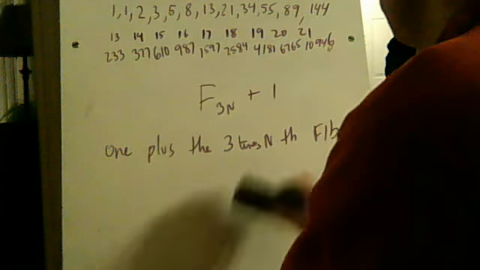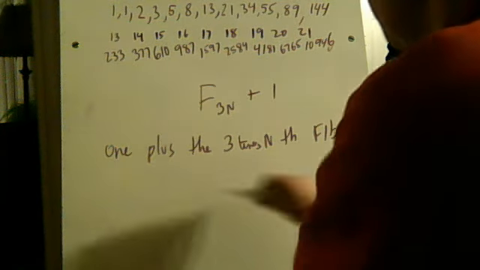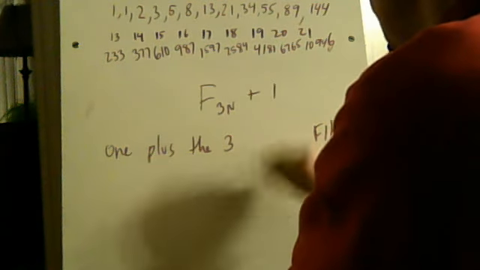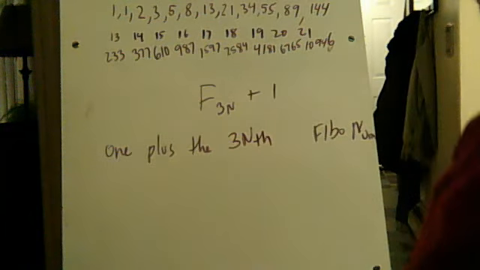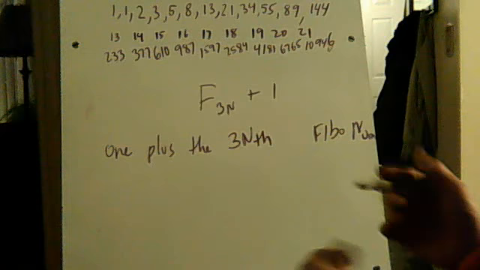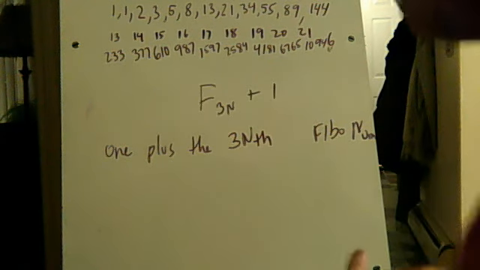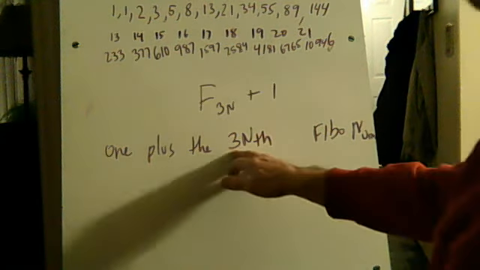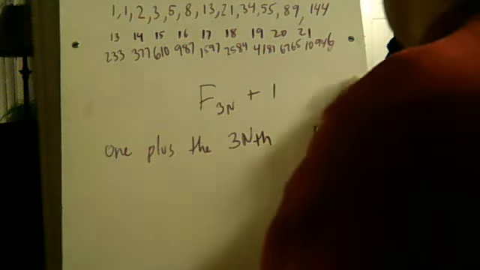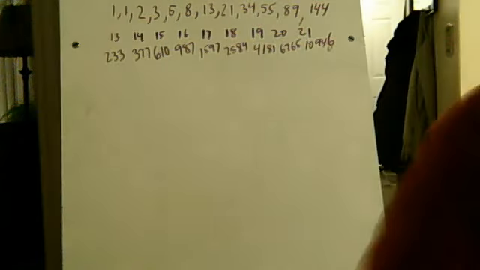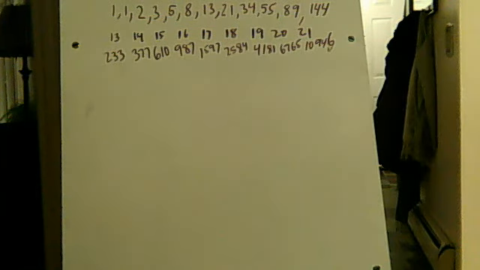Oh no. 1 plus the. I would spell it this way. The 3n Fibonacci number. I guess that's okay. The 3 times n. Wouldn't want to be 3 times the nth Fibonacci number, so I guess you have to call it the 3nth Fibonacci number. Right? The words are less precise than the actual math, so.